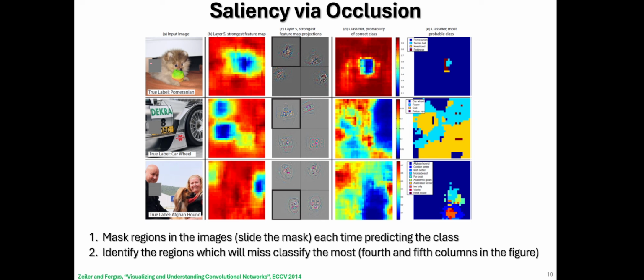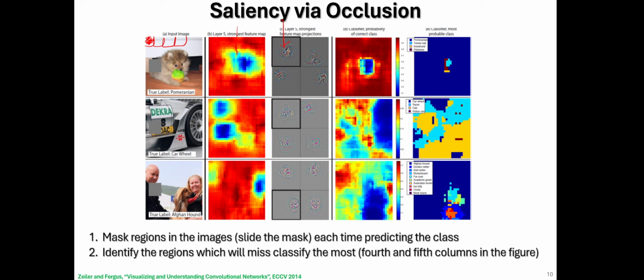For example, the gray values that you're seeing over here are masks which are purposefully put on the image. The process is that you move a window which is masking.